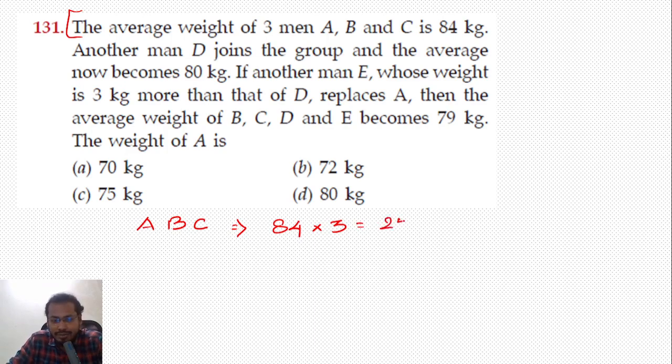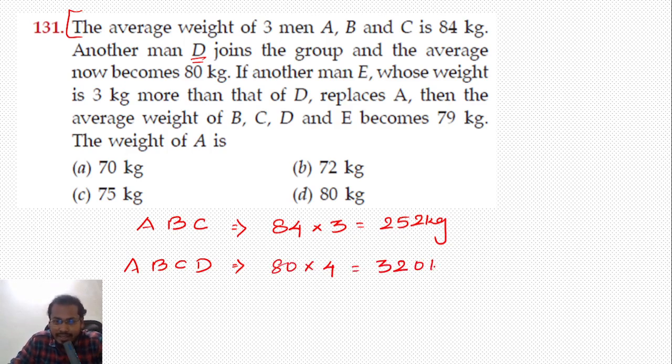That is 252 kg. Next, another man D joins the group and the average now becomes 80. That means if I take A, B, C, D, 4 persons, it becomes 80 kg. So that means 80 times 4. 8 4s are 32. So 320 is the answer for this. Okay, this is also over.